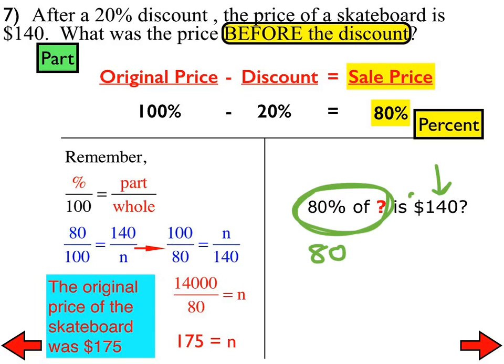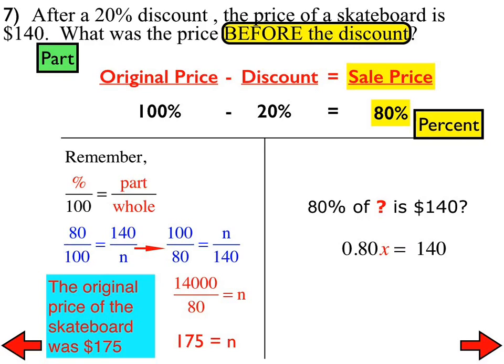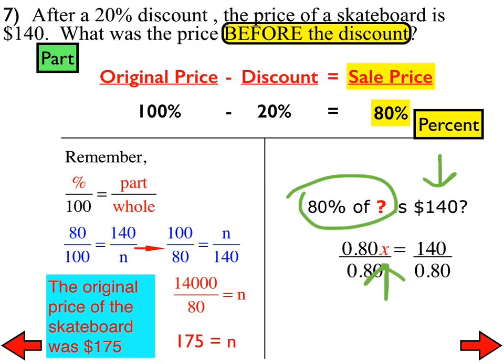So you're going to write a little mini equation here. I'm going to use x. 80% of something, so 80% times x equals 140. And then you're going to do what Adrian said. You're going to divide to solve for x. So again, so far we've been solving for this and multiplying this, but now we're solving for the one that was before.